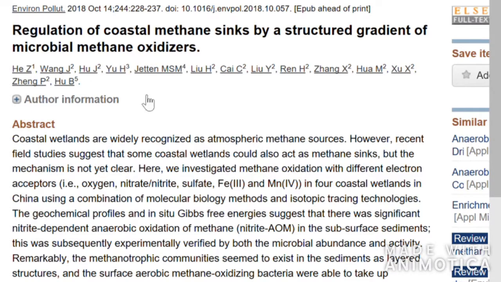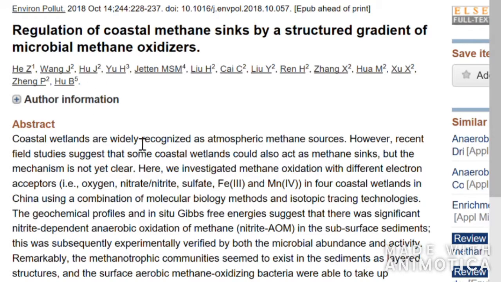Okay, so that's what you're doing. And you can assume that by oxidizing the methane, it helps get rid of methane.